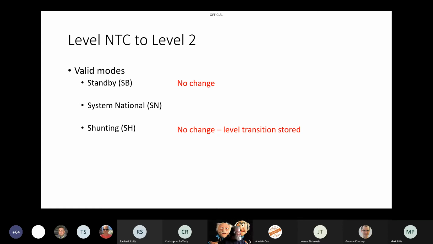Similarly, if we change to level 2 and we were in shunting, then we stay in shunting mode and the level transition order is stored for later processing. However, if we're in System National, we could change to full supervision, on-sight, staff responsible, or we could trip. So let's have a look in Chapter 4 of Subset 26 to work out which mode we're going to go to.